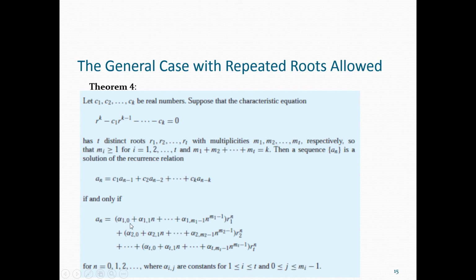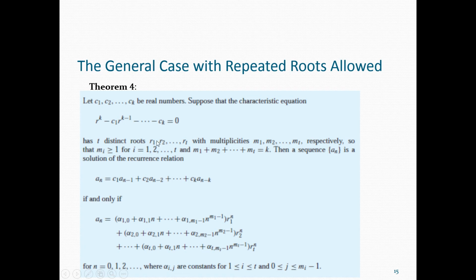Alpha_{1,0}, alpha_{1,1} into n, plus up to alpha_{1,m1-1}, where m sub 1 minus 1 is one less than the multiplicity, n to the power m1 minus 1, right? Into r1 to the power n.